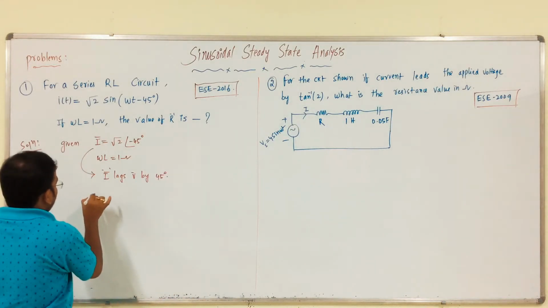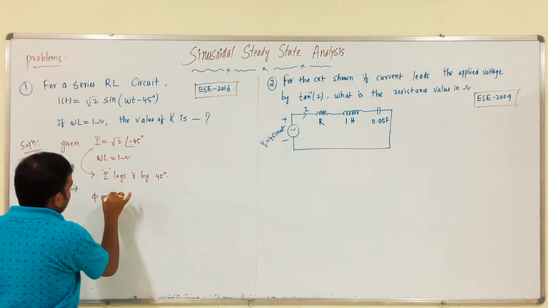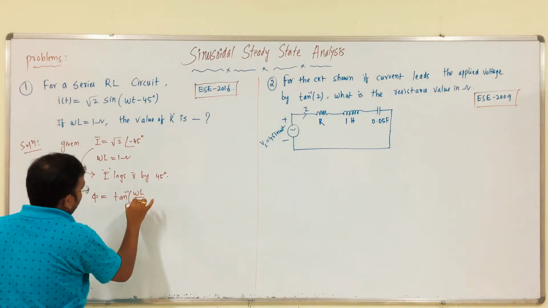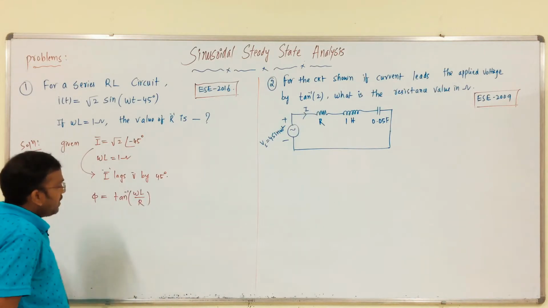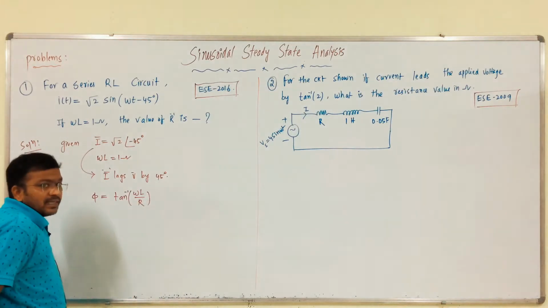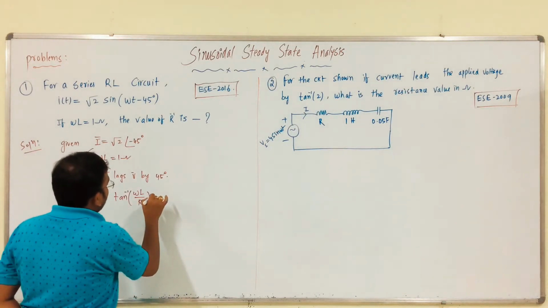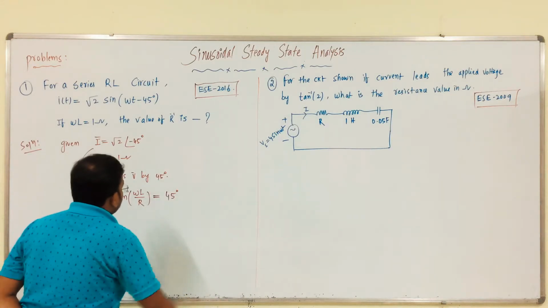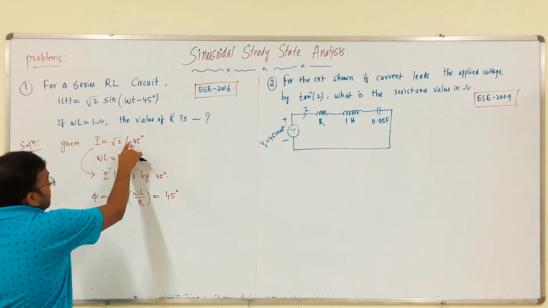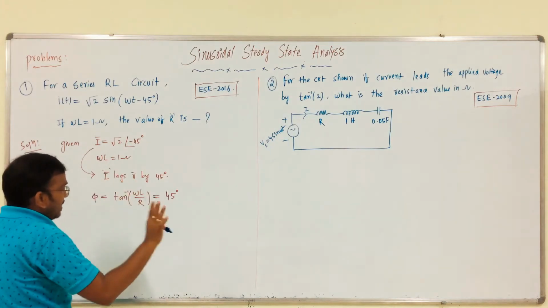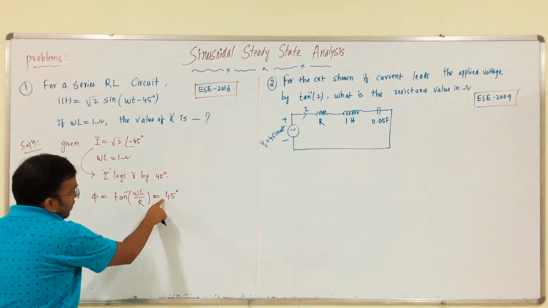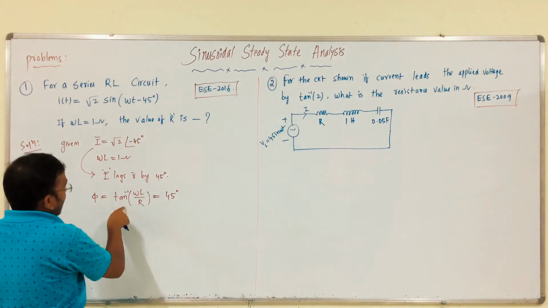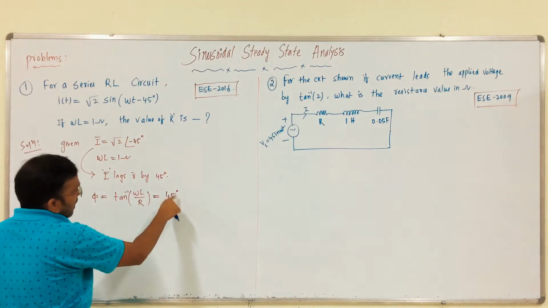Therefore, the phase angle or impedance angle is tan inverse omega L by R, which is equal to 45 degrees. The minus represents whether it is leading or lagging; we do not include it in the magnitude. Therefore, tan inverse omega L by R is 45 degrees.